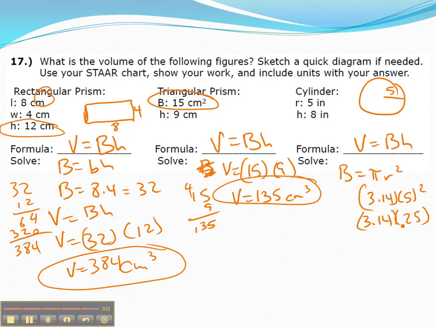I'm going to use a calculator real fast because I'm running out of time here. 78.5. So the area of the circle is 78.5 inches squared, and then you would multiply that times the height. Do that last step on your own, and you should get 620 inches cubed.